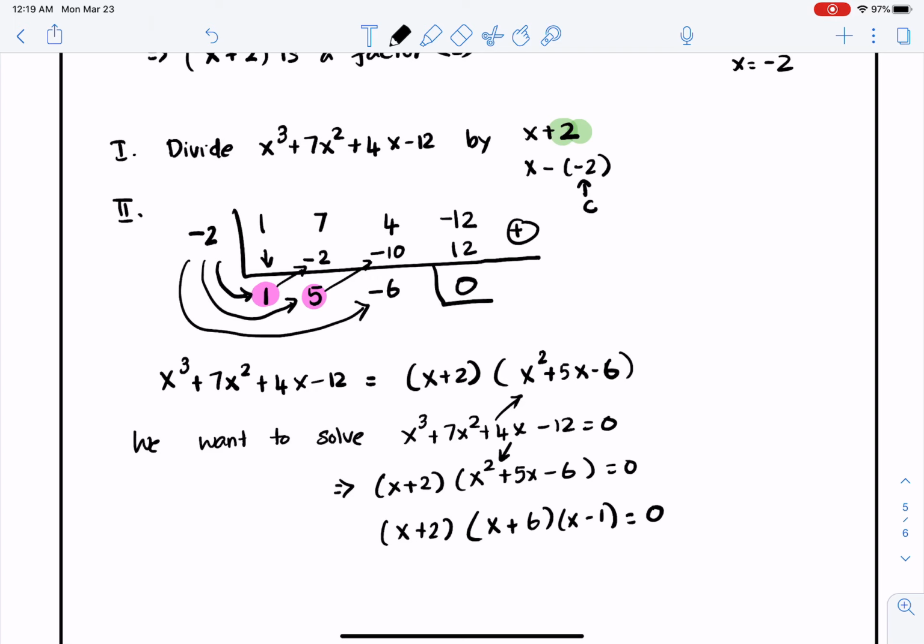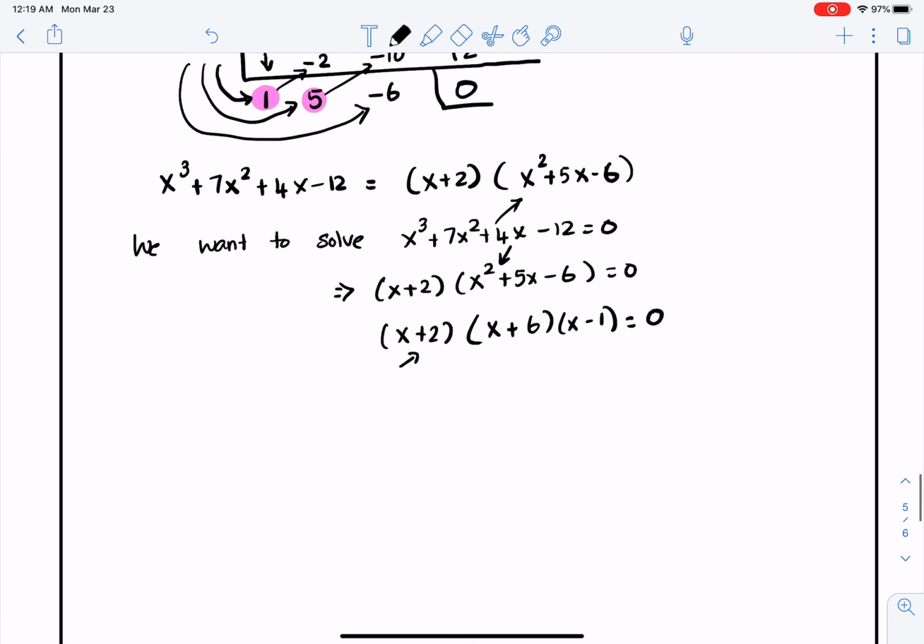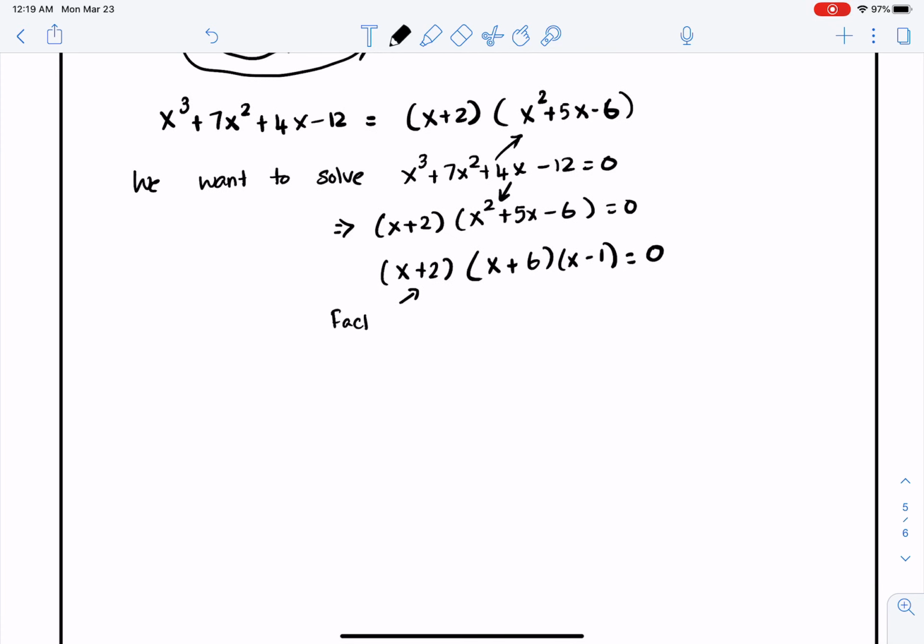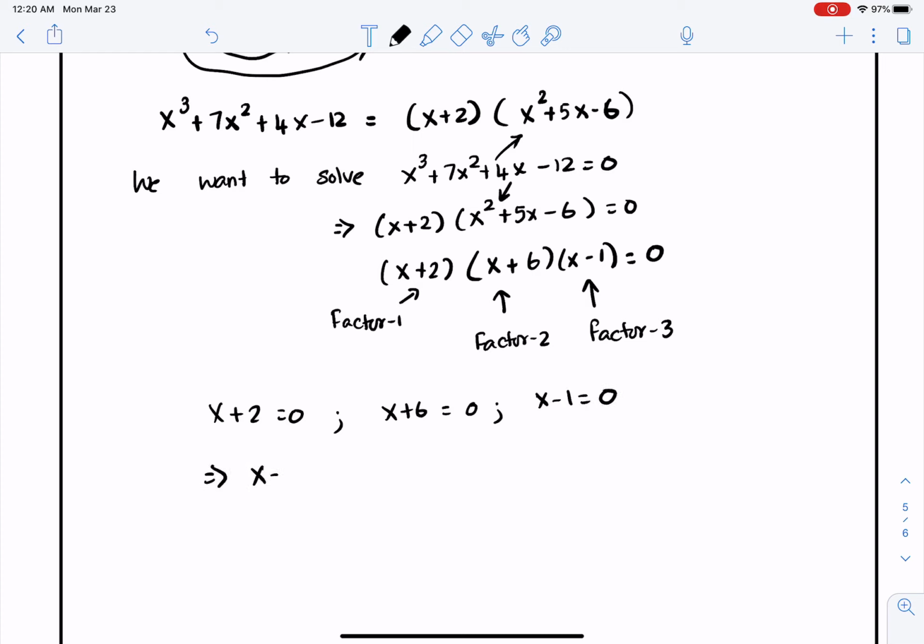So factor 1 would be x plus 2, x plus 6 is factor 2, and x minus 1 is factor 3. We set each factor equal to 0 and solve for x. Which would give us negative 2, negative 6, and positive 1.